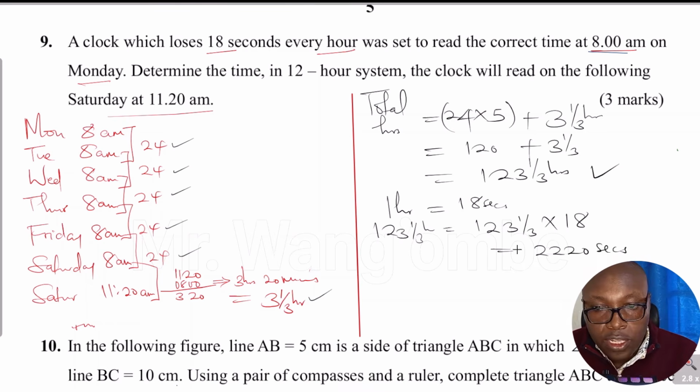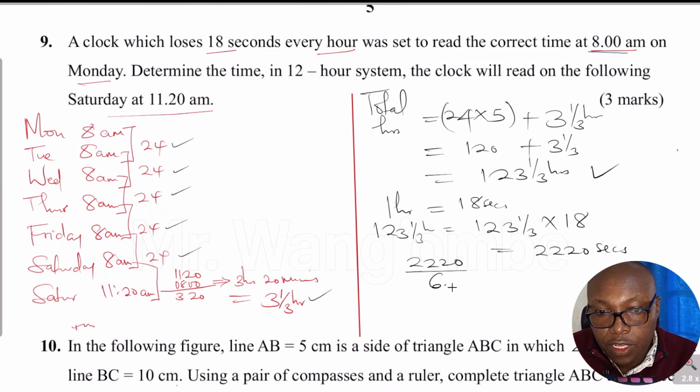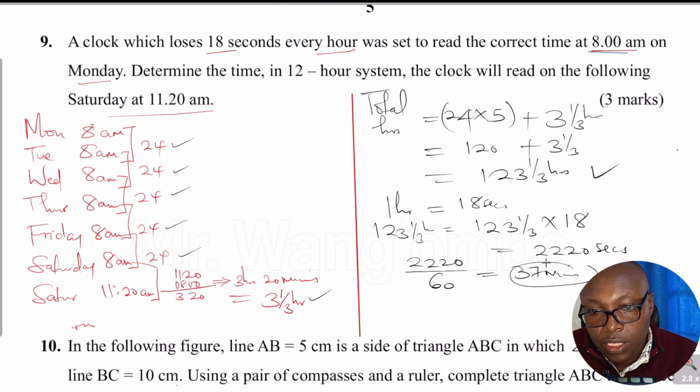So for ease of workings, we can convert the seconds to minutes by simply dividing the seconds by 60. 2220 divided by 60 will give 37 minutes. So for all these number of hours, 37 minutes will have been lost.